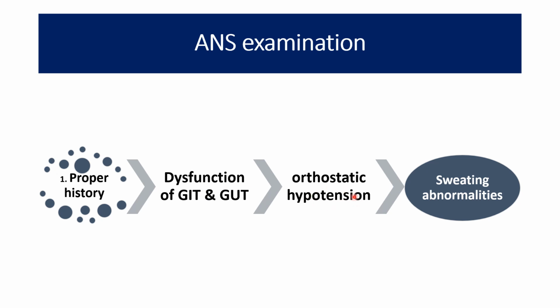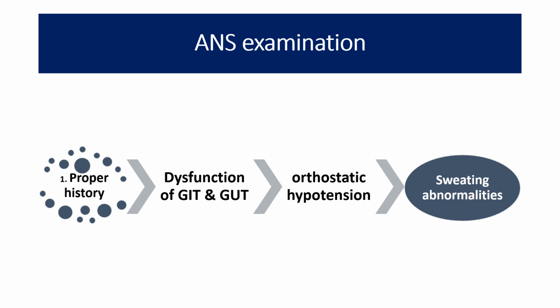Then we have to ask the signs and symptoms of orthostatic hypotension. The child may be having dizziness, lightheadedness, history of syncope, palpitation, weakness, confusion, slurred speech. All these symptoms will be worse when the child is exercising or after long standing, taking a hot bath or after a meal.